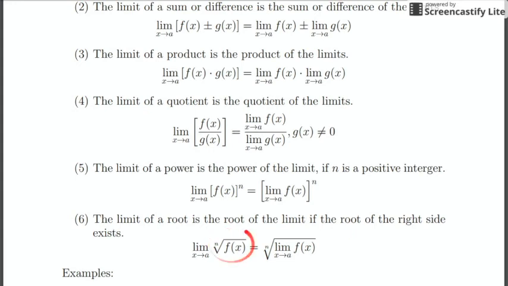So either you can take the nth root of the function and then take the limit of that, or take the limit of the function and take the nth root of the limit. It doesn't really matter which order you do that in, and you're going to see how these sorts of ideas of limits are useful in this chapter for sure. But when we move on to our next chapter on derivatives, you'll see how these limit rules become rules for derivatives, or influence the rules for derivatives as well.